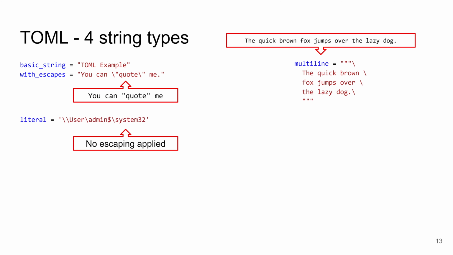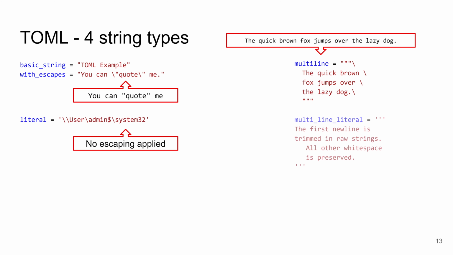Another type of string is a literal string, which is used with single quotes, and this one doesn't allow any escaping, which also means that you can use the special characters just as they are, except for new lines and single quotes.